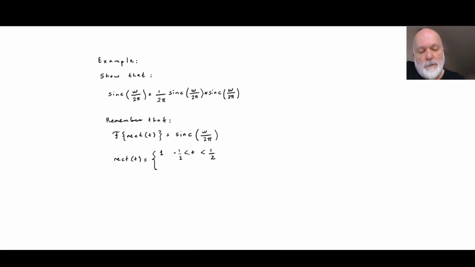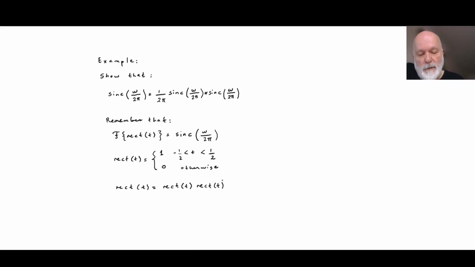As you remember, you can put equalities as well. Makes no difference in the result. And 0 otherwise. And we note that rect t is equal to rect t multiplied by itself. When we multiply rect t with itself, we obtain rect t again.